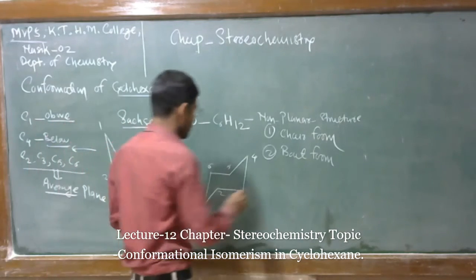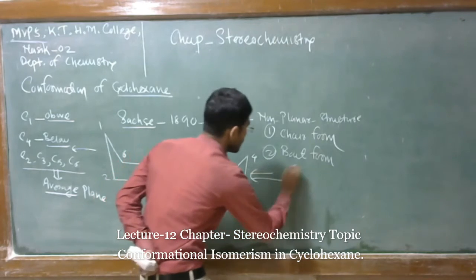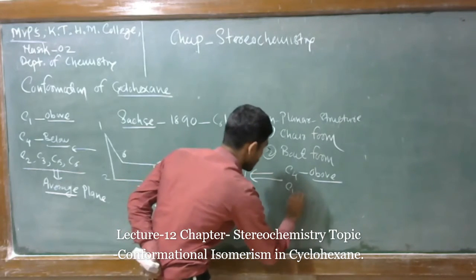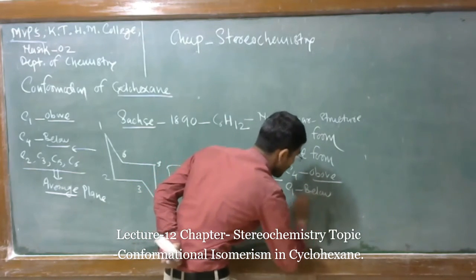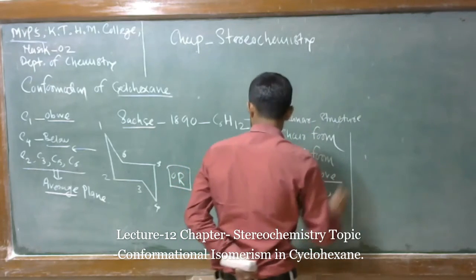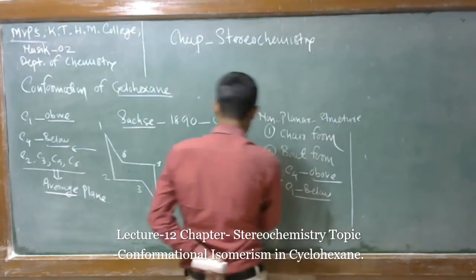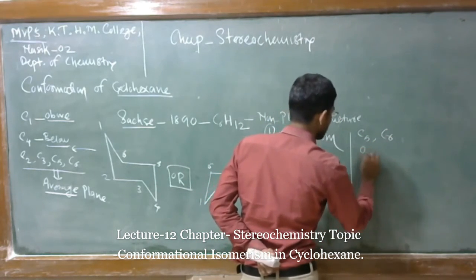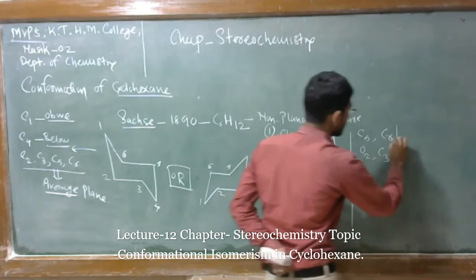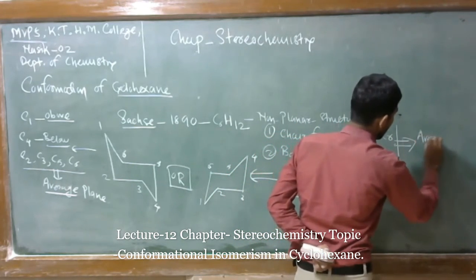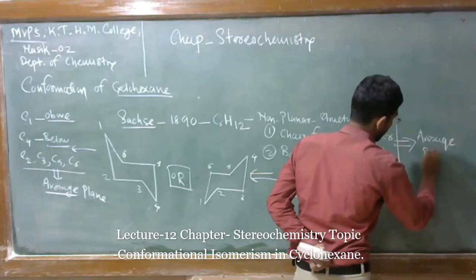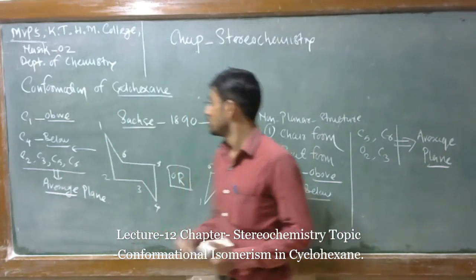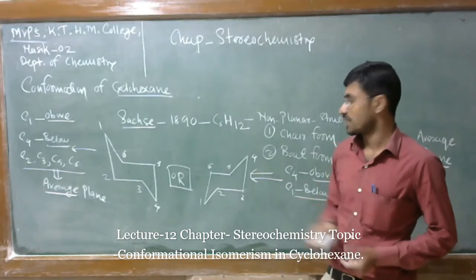For this structure we can write that C4 is above the plane, C1 is below the plane, while carbons 5, 6, 2, 3 are all present in one plane, that is the average plane. So in this way we can draw the chair conformation.